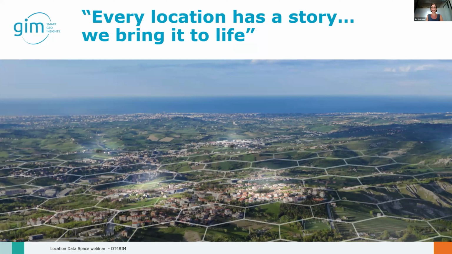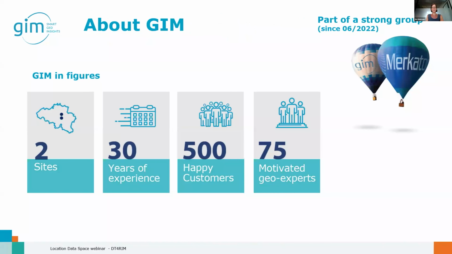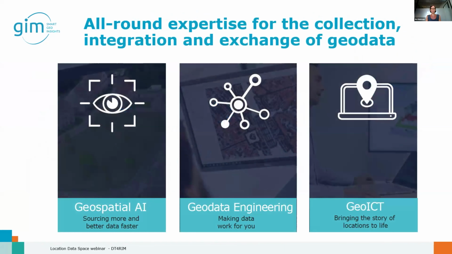We are focused on data, more specifically on geodata, to respond to the needs of our various customers, to take decisions based on geographical data. And we do that already for almost 30 years. And I have 75 colleagues that are happy to work for our customers and doing our projects.